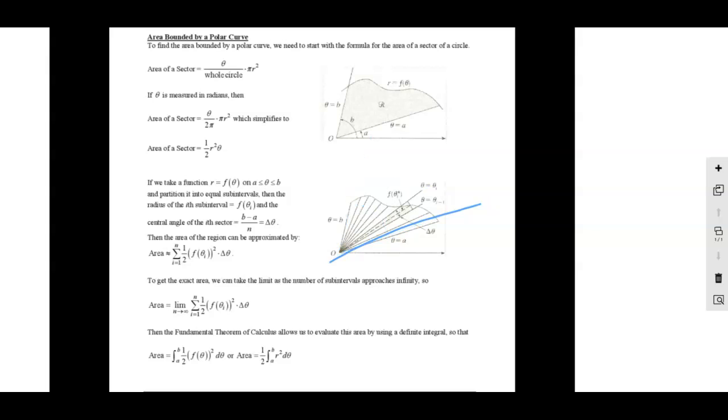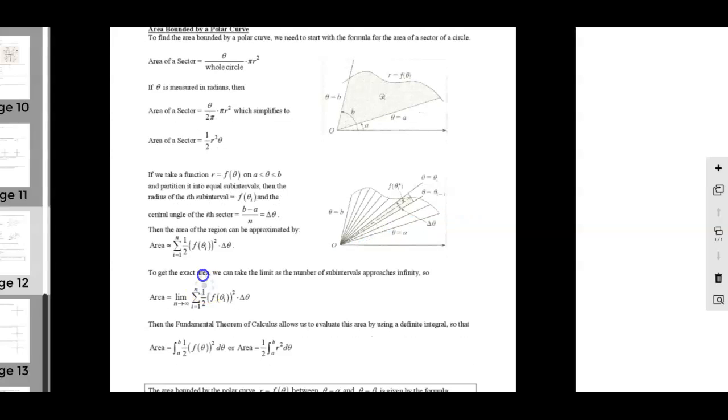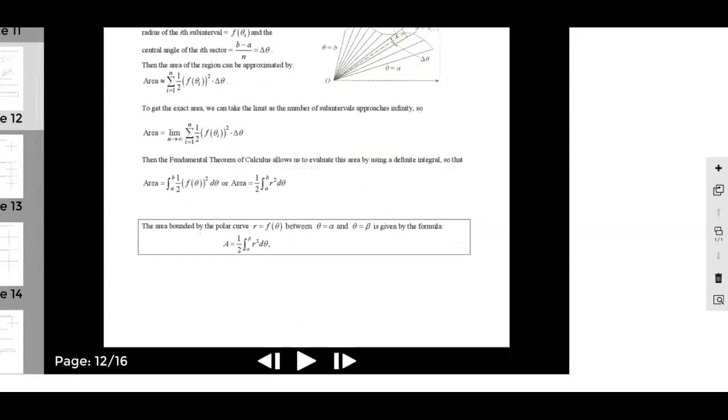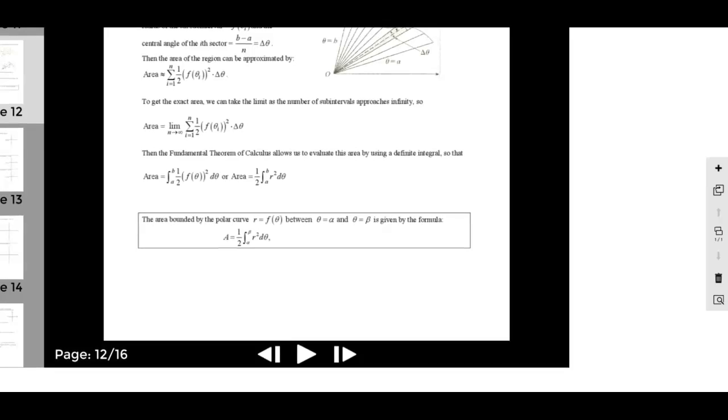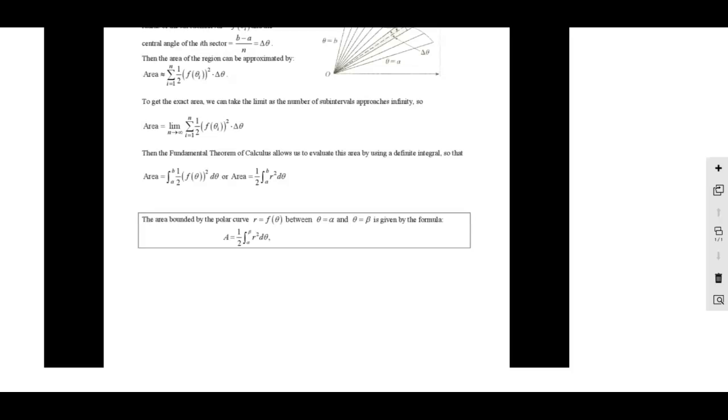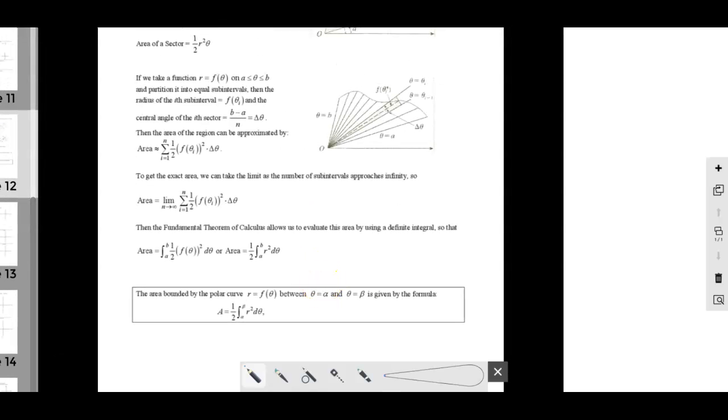If we look at this formula, it's really pretty simple. We're just integrating 1/2 r squared theta. But we have that little small change in theta, those little angles. This little change, that's my d theta or delta theta.